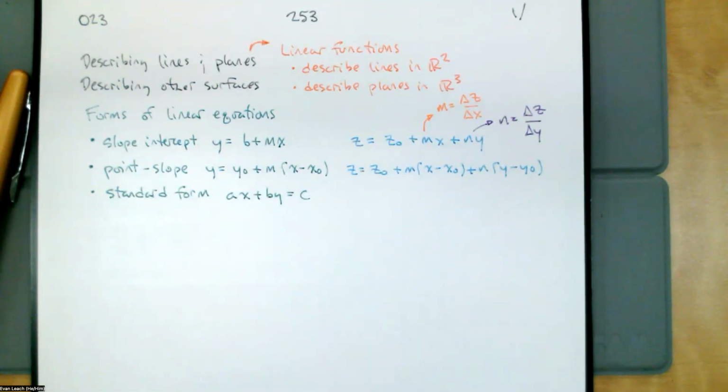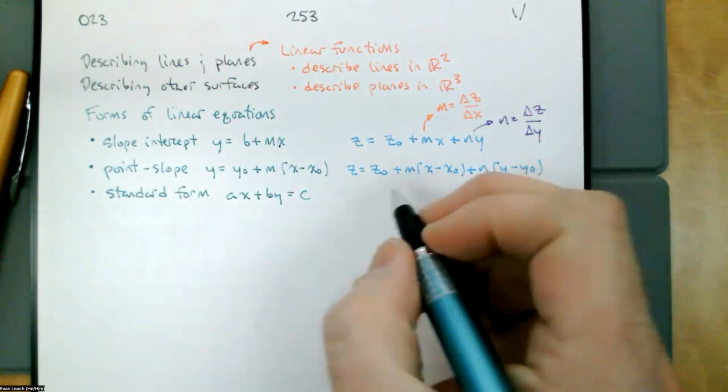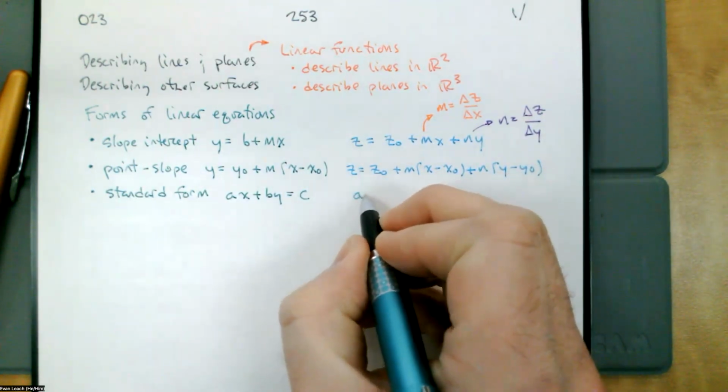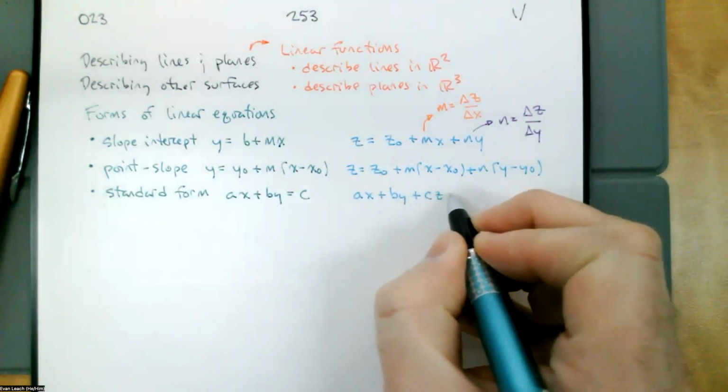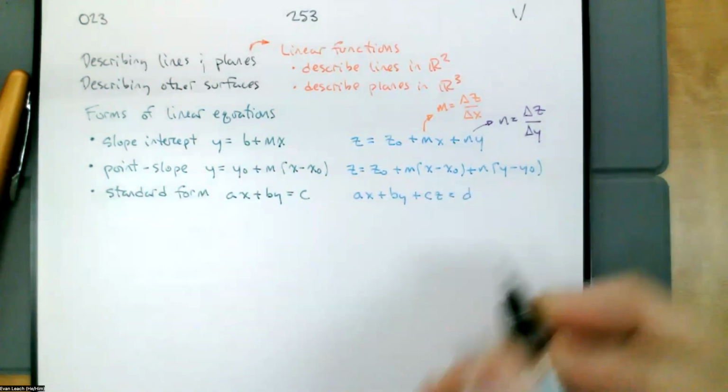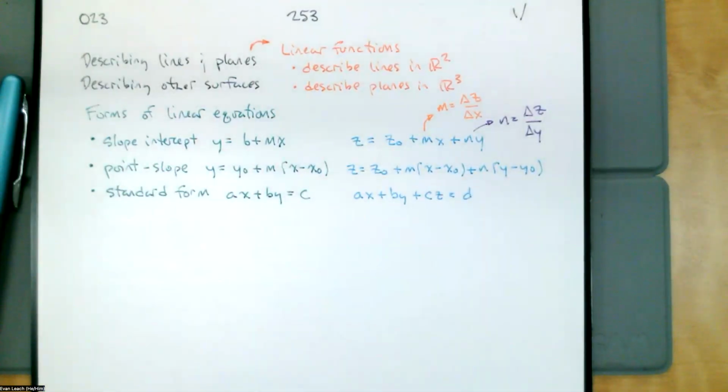We also have a standard form for linear equations in R3, that is with 3 variables. We'll just have AX plus BY plus CZ is equal to, well, let's just call it D. Whereas our 2 function forms have real tangible information in them, it doesn't look like we get a lot out of our standard form.